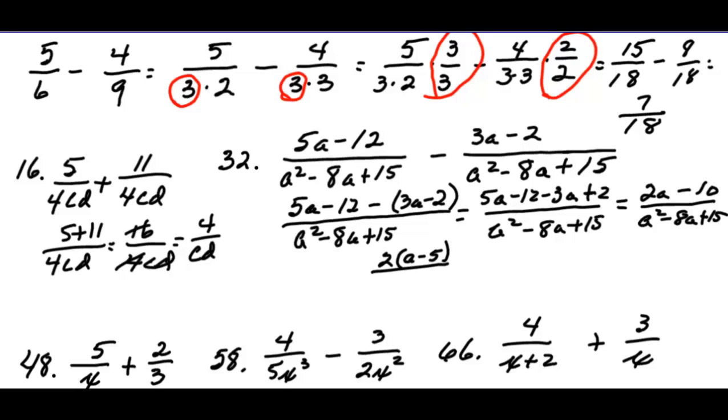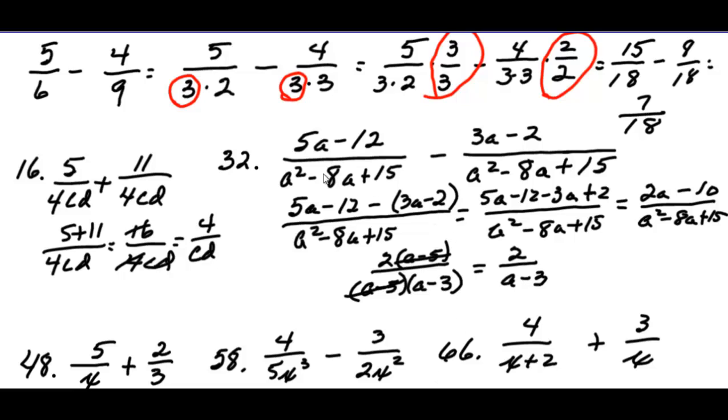And we can factor our denominator, a squared minus 8a plus 15. What two numbers multiplied together give us 15, the sum of which is negative 8? That turns out to be a minus 5 times a minus 3. And now we have in both the numerator and the denominator a factor a minus 5. So when we cancel those out, we get 2 over a minus 3.